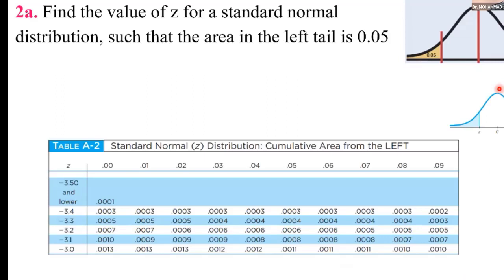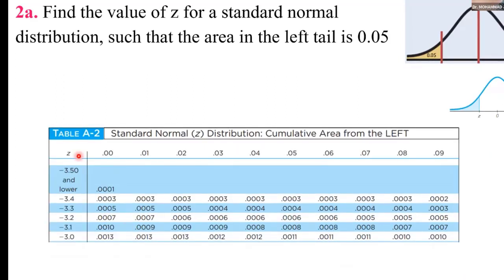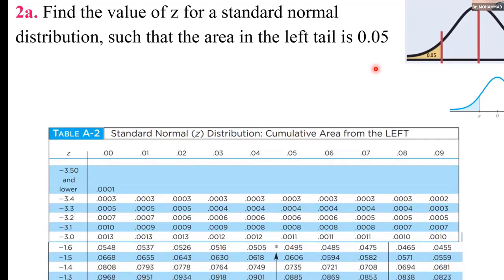This table gives us the z values, specifically negative z values. And inside, we have the area. So we look for the value of 0.05. As we go down, we notice that 0.05 doesn't exist, but we have 0.05 somewhere in between those two numbers.